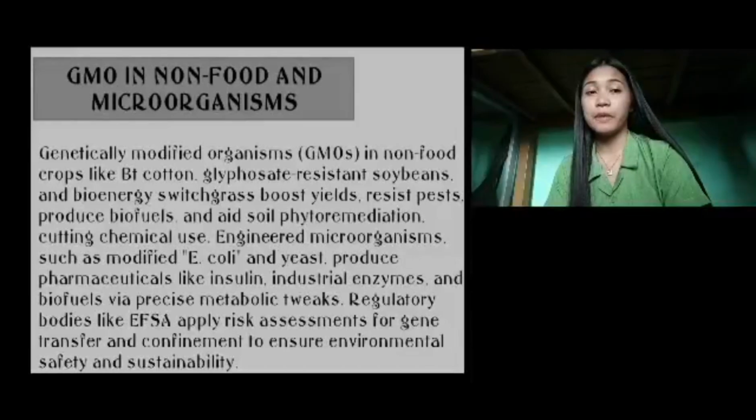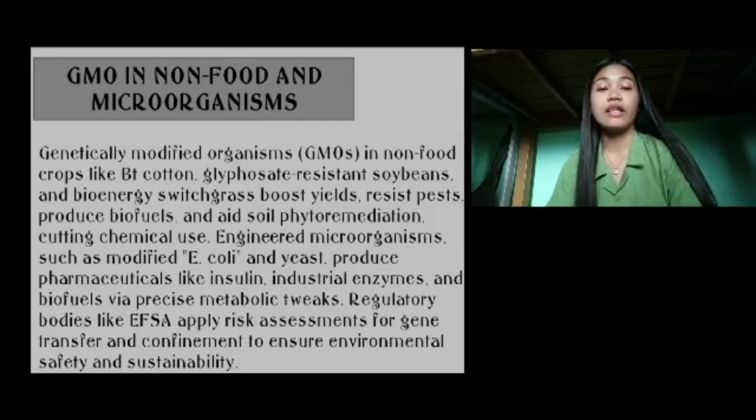GMO in agriculture helps farmers grow stronger, healthier, and more productive crops. It makes farming easier, reduces problems, and helps provide more food. Crops like BT cotton, glyphosate-resistant soybeans, and bioenergy switchgrass boost yield, resist pests, produce biofuel, and aid soil.